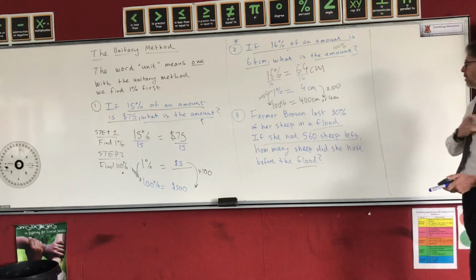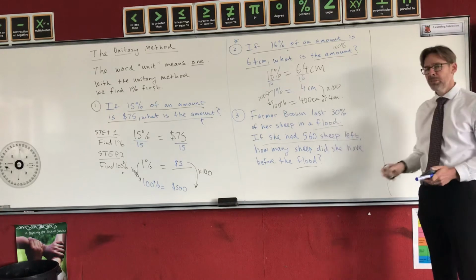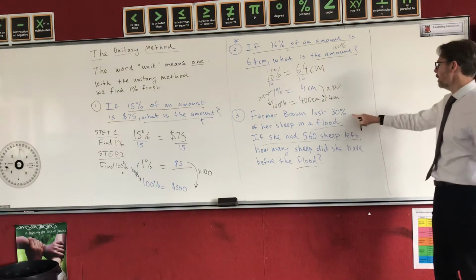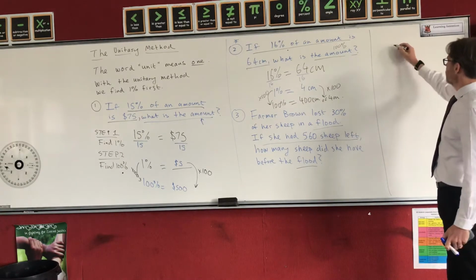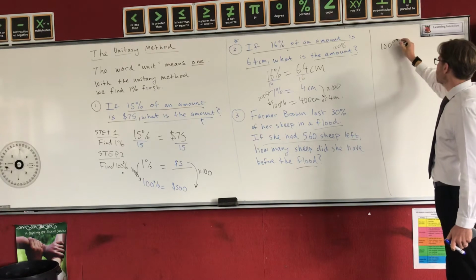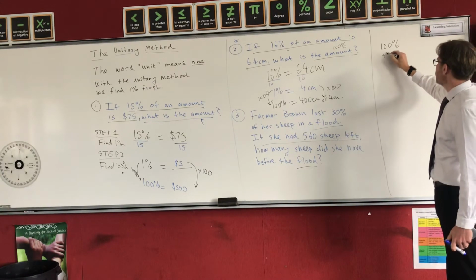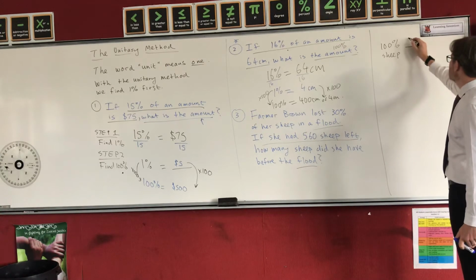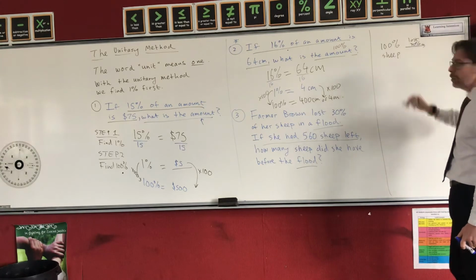Okay, so let's change all these words into mathematical symbols and numbers. So, Farmer Brown lost 30% of her sheep. So, let's think. She started off with 100%, didn't she? So 100% of her sheep. Now she lost 30% of her sheep.